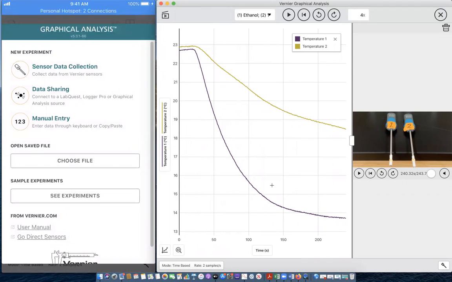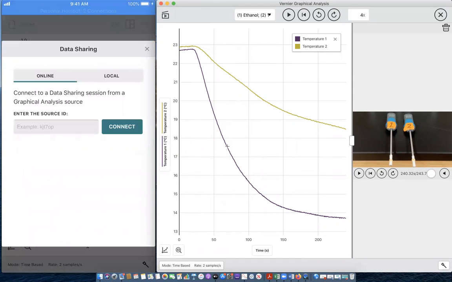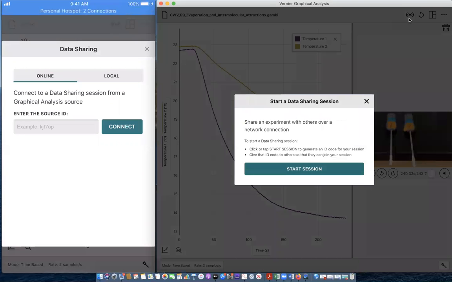What I would like to do here is data sharing. So hovering on data sharing and then picking that, it will now allow me to connect over to the computer that was the teacher display computer. There's a little broadcast symbol up here in the upper right-hand corner. When you click on that, it says data sharing, and you want to start your session.